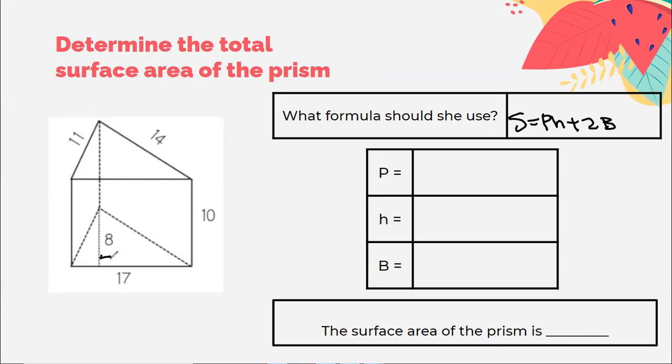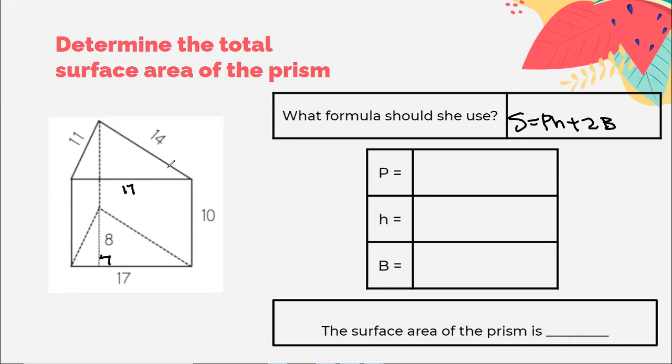That is this triangle right here up front. So when we're finding base, that's what we'll use, the area of our base. Here's our height for our prism. And then if you look up here, it gives you 2 of your sides. What would this side be? 17. So to find perimeter, we're just going to add these up. What do we get when we add these up?